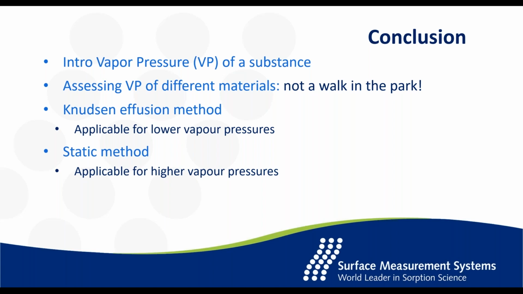And we've looked at two methods, the Knudsen diffusion method, using the SMS vapor pressure analyzer microbalance, and the static method using the SMS static vapor pressure analyzer, which are complementary methods which can obtain vapor pressures of both low vapor pressure substances like solids and high vapor pressure substances like fluids, for example, lubricating oils, solvents, etc., and mixtures as well.